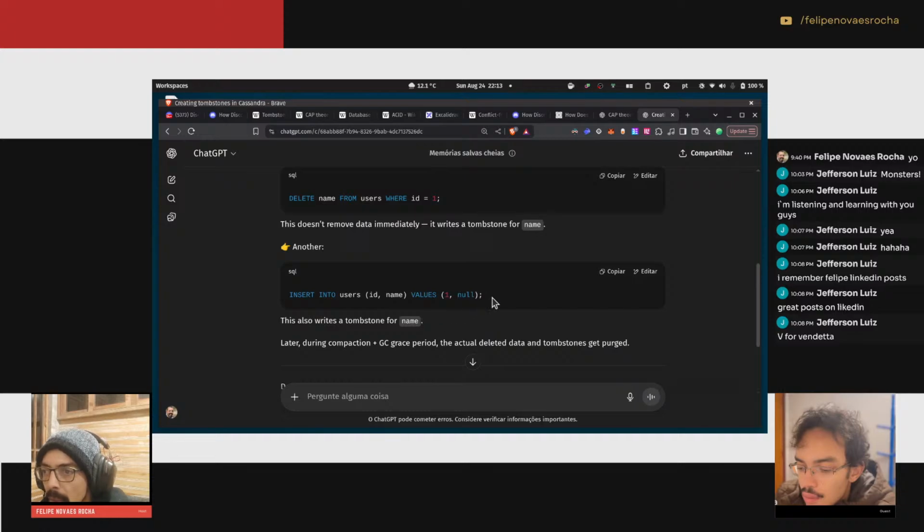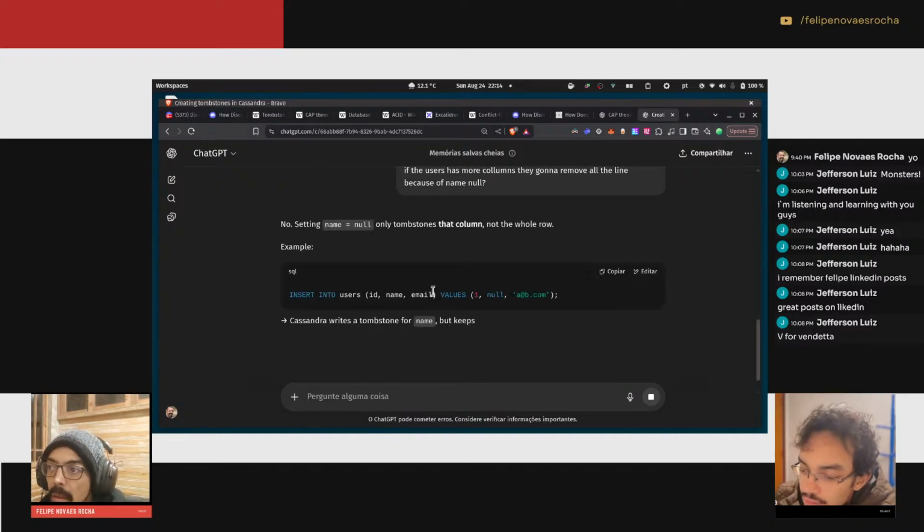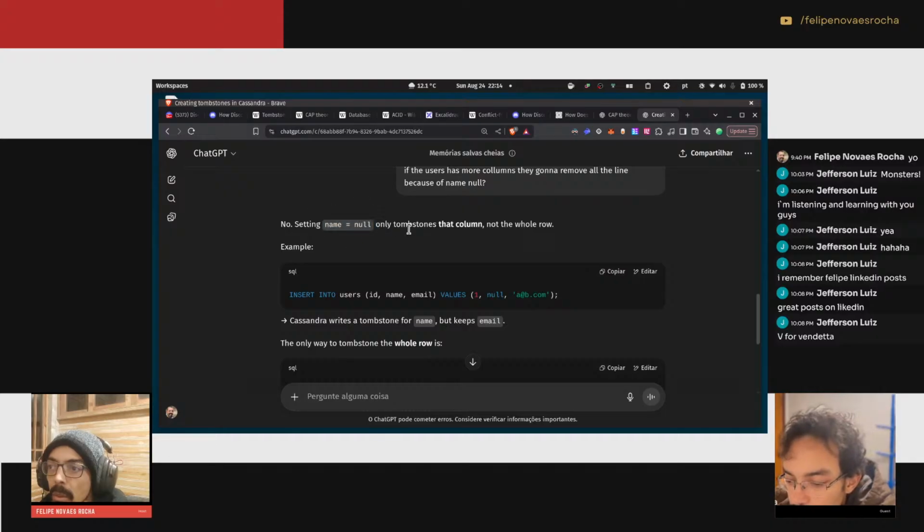But are they going to remove the whole line? Let me see. Only because they have a null. If the user has more columns, are they going to remove the whole line because of name null? That doesn't make any sense. No, set the name to null, only that column gets a tombstone. What the? No, I think.